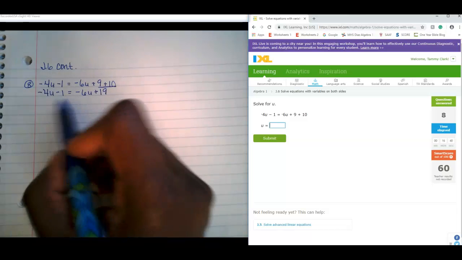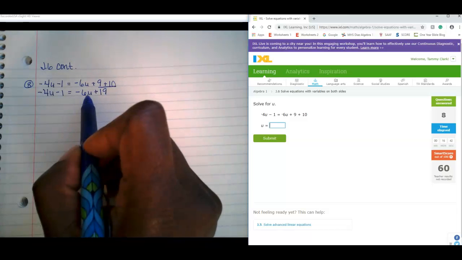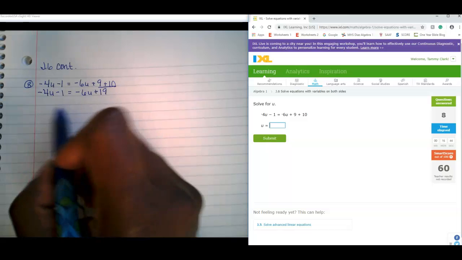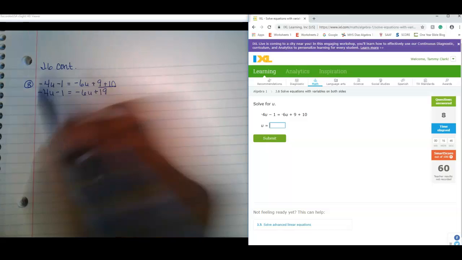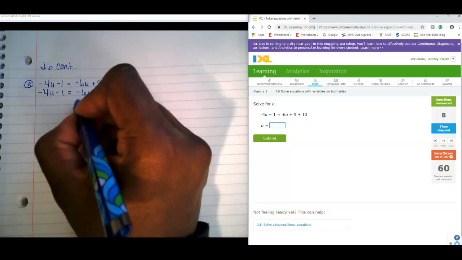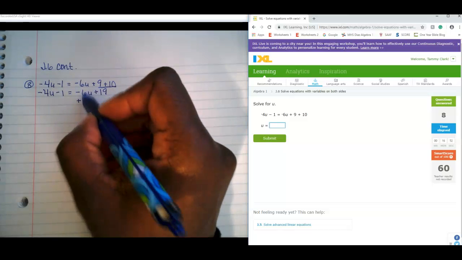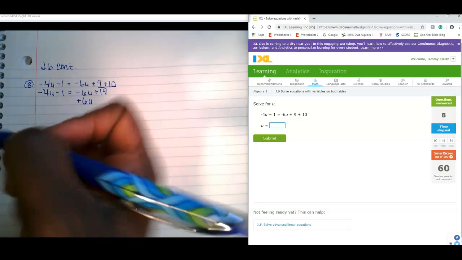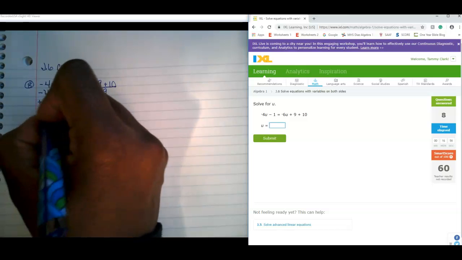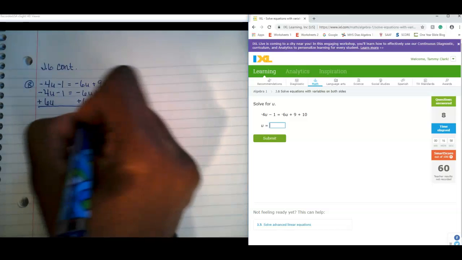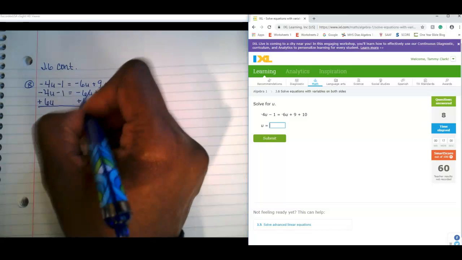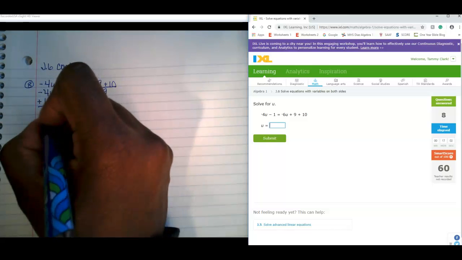So now we're at a place where we can begin to move the variable to the other side of the equal sign. And we're going to do that by creating our additive inverse pair. So we're going to add 6u to the right side, add 6u to the left side. And we have negative 4u plus 6u.